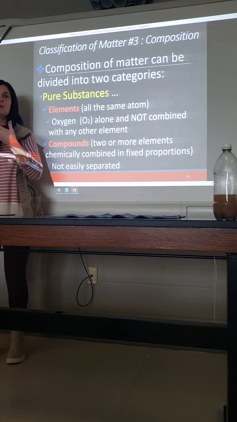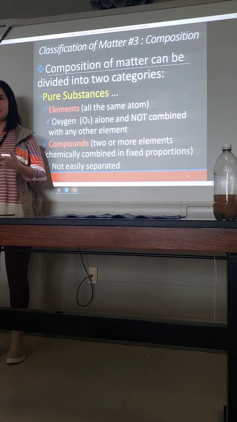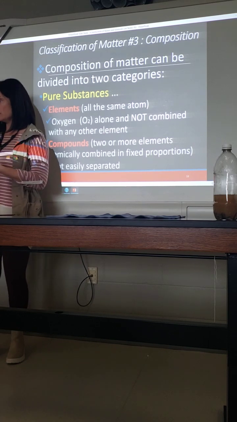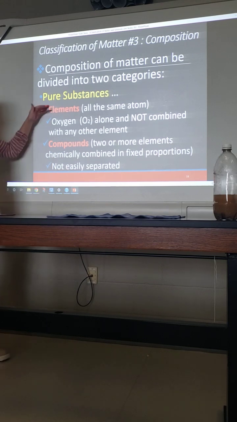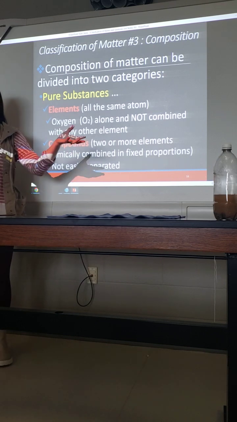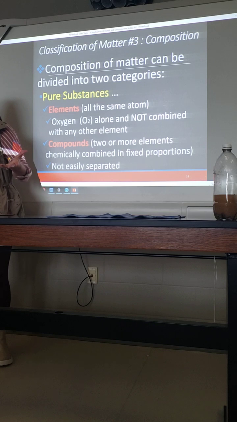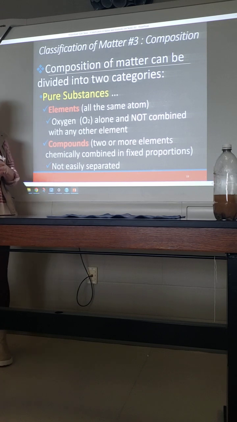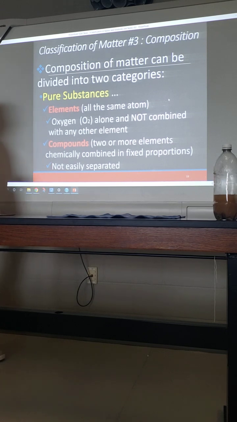They're combined because they are satisfying each other by combining to make that new bond, to make that new compound. All right, and so anytime you're dealing with an element or compounds, they're considered to be pure substances. So I have nothing but table salt in my salt shaker, which would make sense, right? I don't have it combined with anything else, and so that's considered to be a pure substance because it's made of just that one thing.